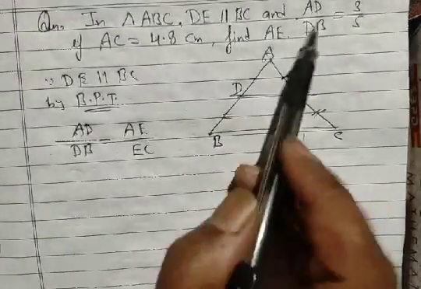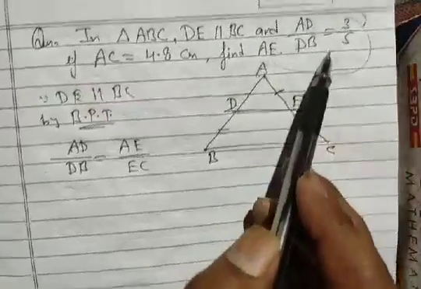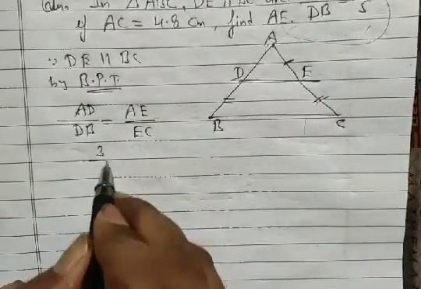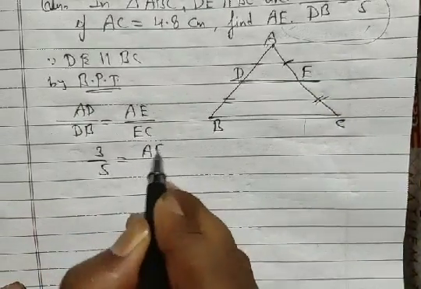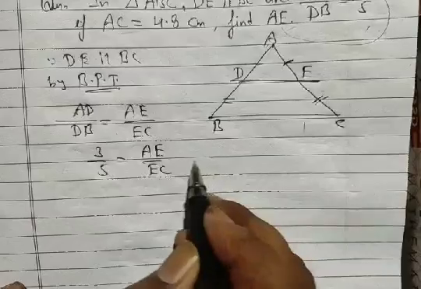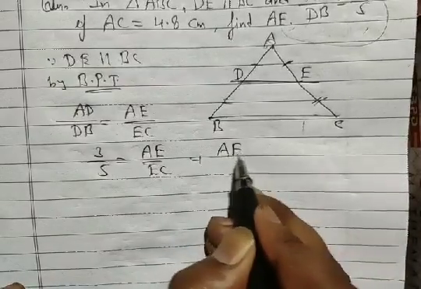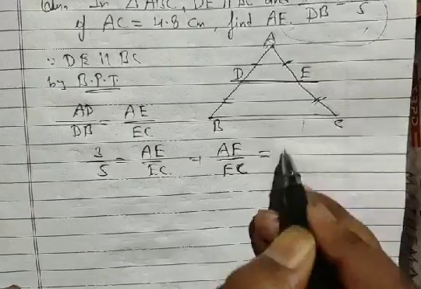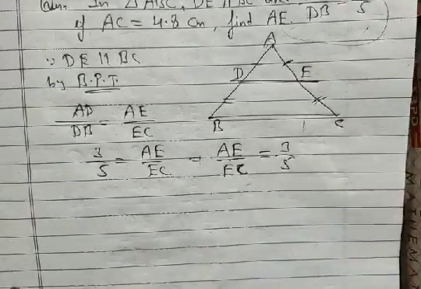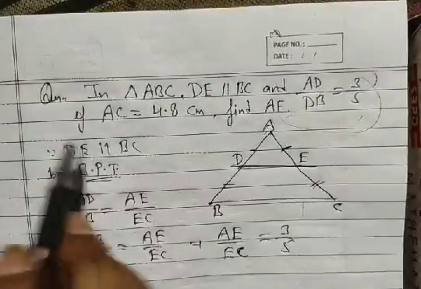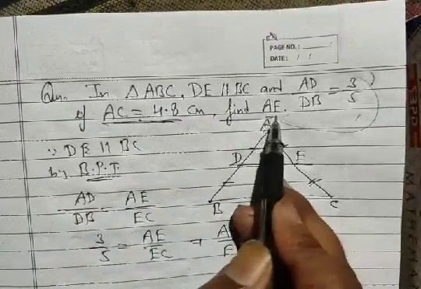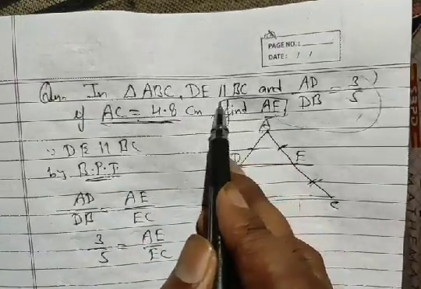Now, it's given in the problem that the value of AD to DB is 3/5. Then put in the value 3:5. Now we get the value of AE to EC, which is 3:5. Now look, we are given the value of AC, 4.8, and we have to find AE.